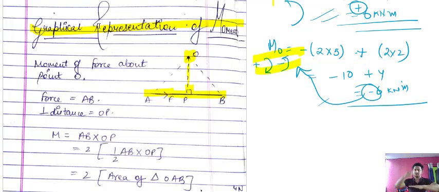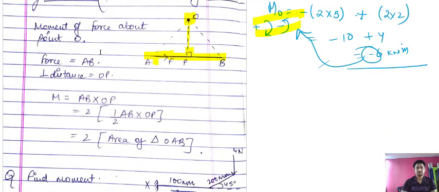Now this perpendicular distance from that point will be perpendicular to this force. So this will be force into perpendicular distance. In that case, the moment will be AB into OP. This force is equal to AB, and the perpendicular distance is equal to OP. So the moment will be AB into OP, force into perpendicular distance.